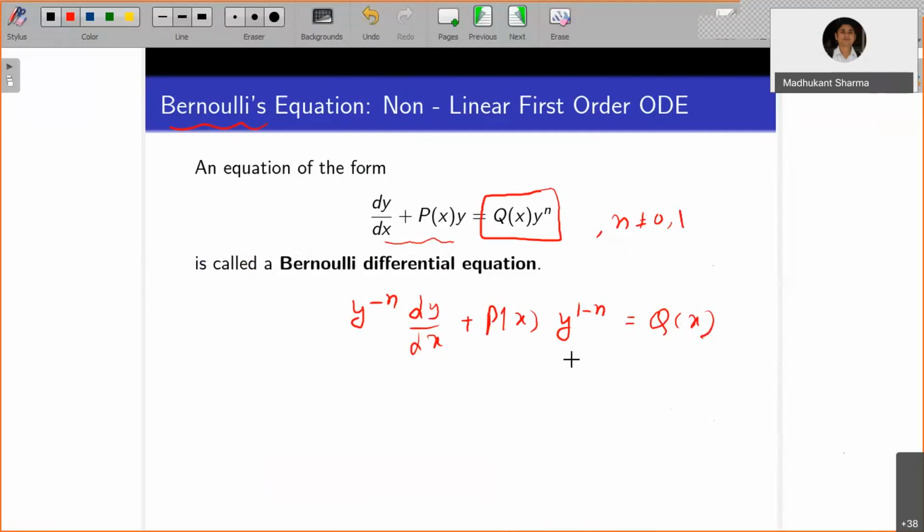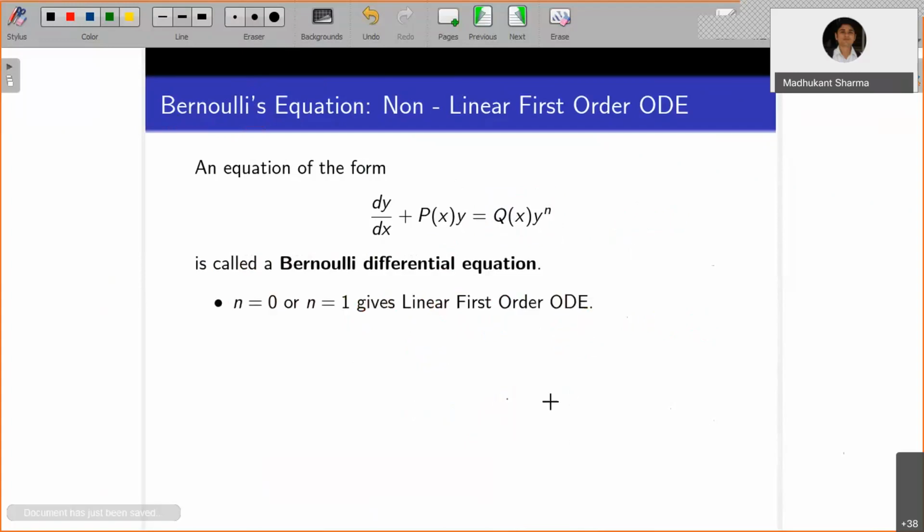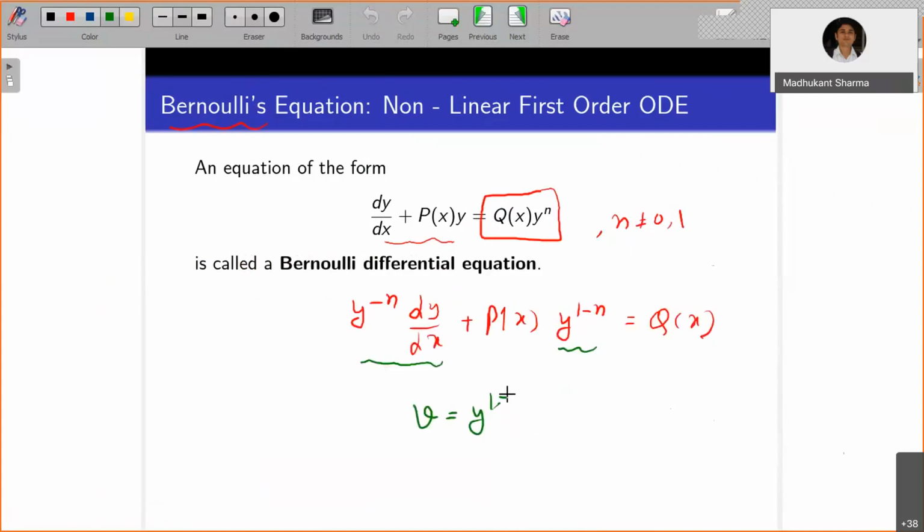Now look at this carefully: y to the power 1 minus n, and this term. There is a relation between them. So suppose v equals y to the power 1 minus n. What is dv by dx?